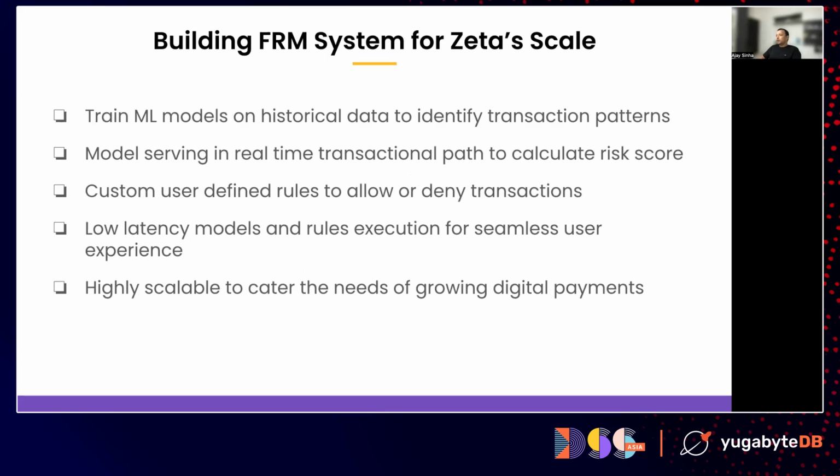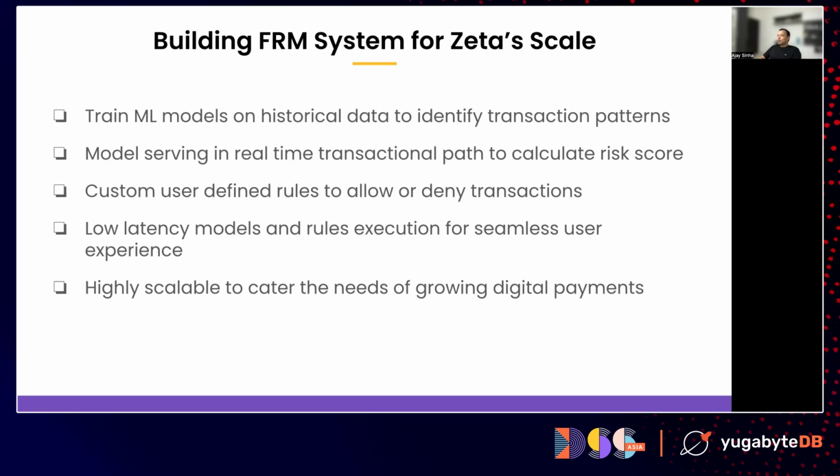Let's start with what it takes to build such a FRM system which can operate at our scale. We need the ability to train the ML models on a huge amount of historical data so that we can identify certain patterns. We should be able to serve those models in the real-time path in order to calculate risk and hence determine whether this transaction is good or not.